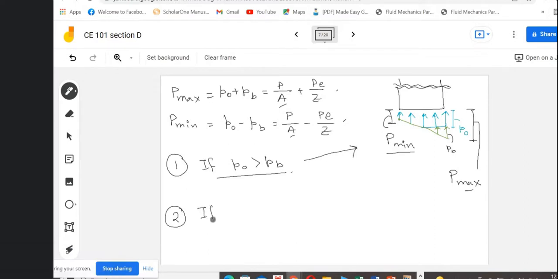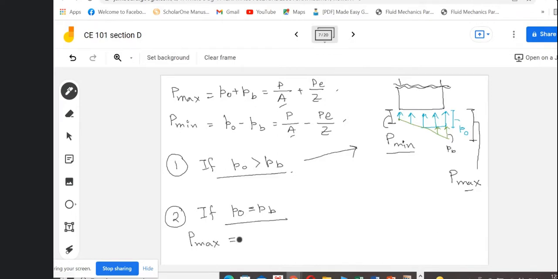What if P naught is equal to PB? What happens then? What will happen if P naught is equal to PB?